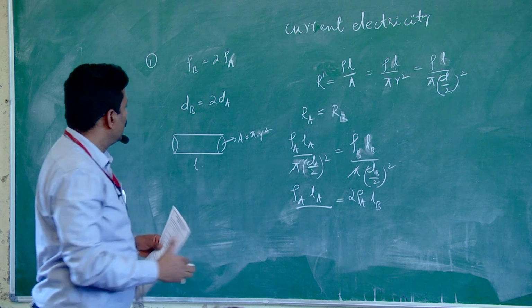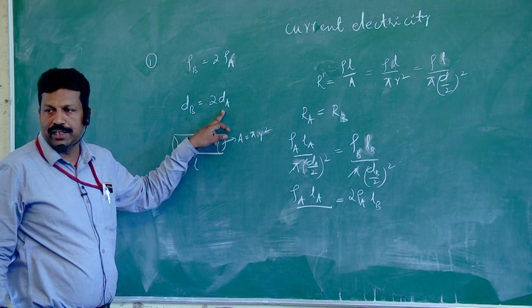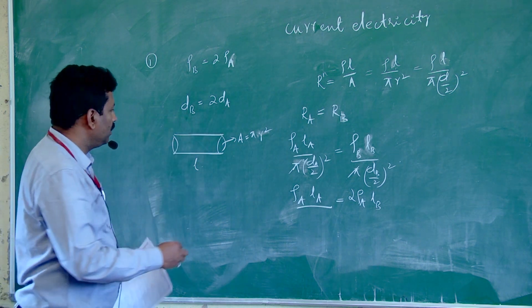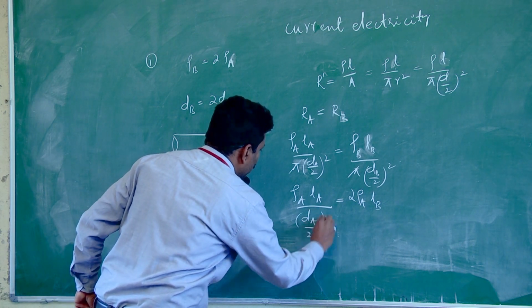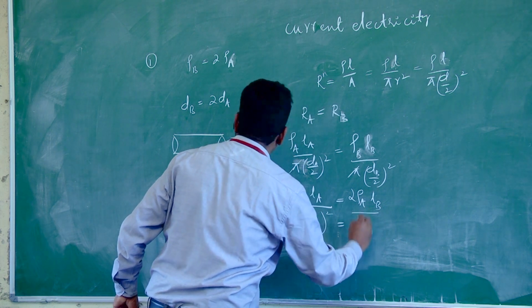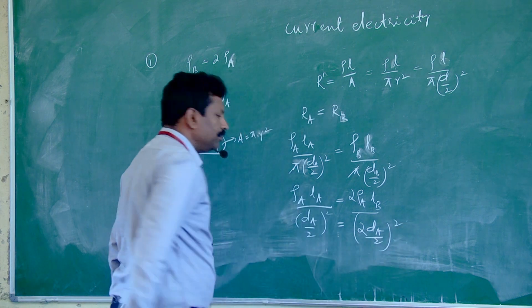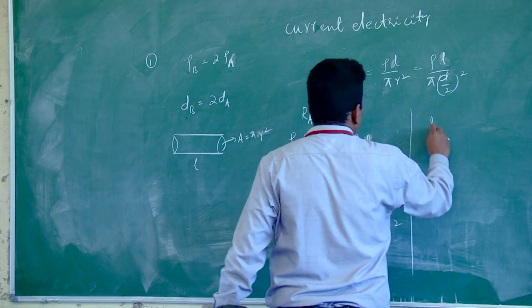Now it's also given that the diameter of B is twice the diameter of A, correct? So therefore we write this as it is, dA by 2 whole squared, and this one is twice the diameter of A, whole squared. Now the ratio of lengths LA by LB.